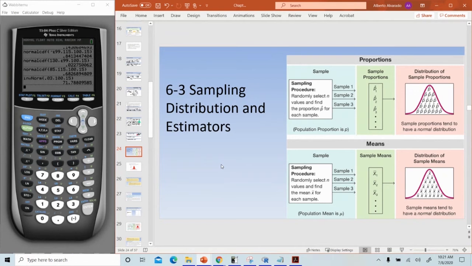But maybe I can get samples of cheetahs, and maybe I could get multiple samples of cheetahs and find their average speed. Now I would say that most of those samples, let's say samples of 5 cheetahs each, are going to fall around the true mean of all cheetahs.